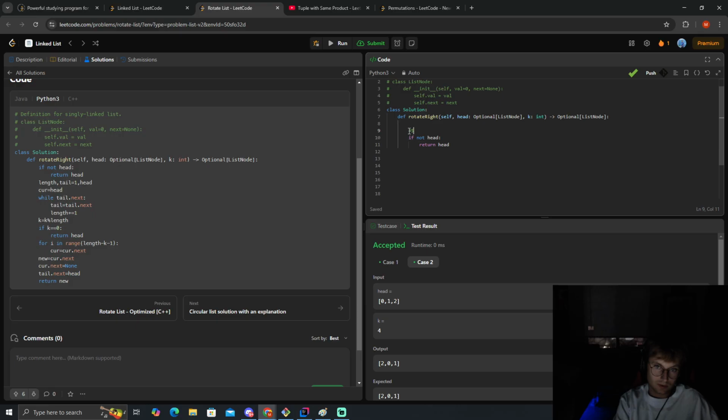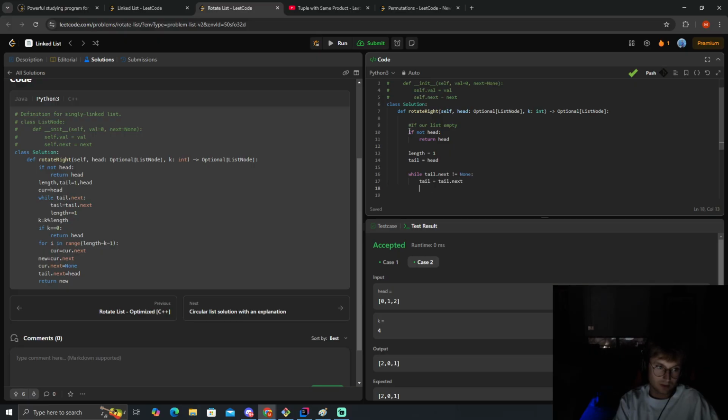So if our list is empty, our length is equal to 1, and our tail is equal to head. While tail.next does not equal None, tail is equal to tail.next, length plus equal to 1.